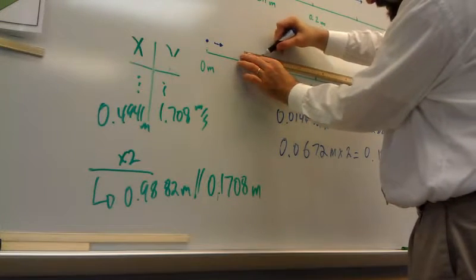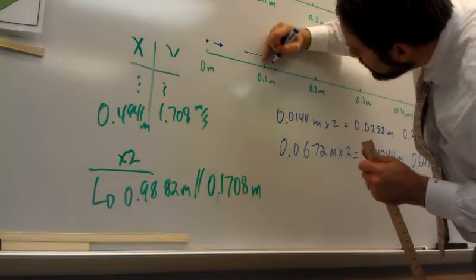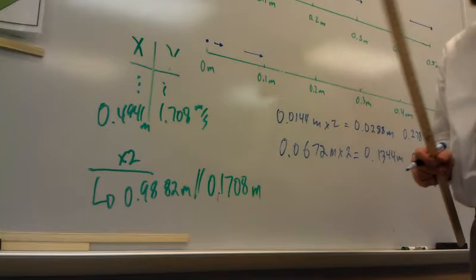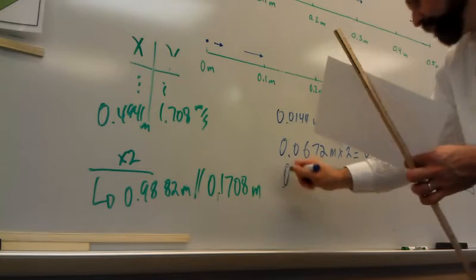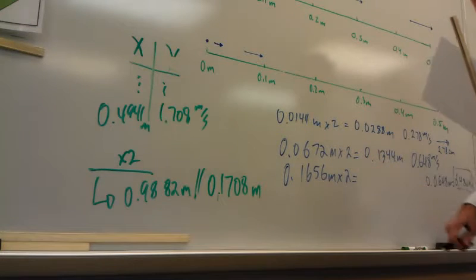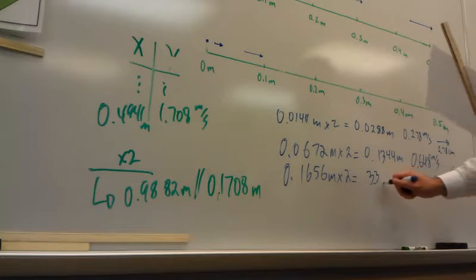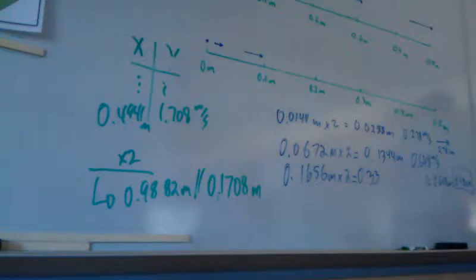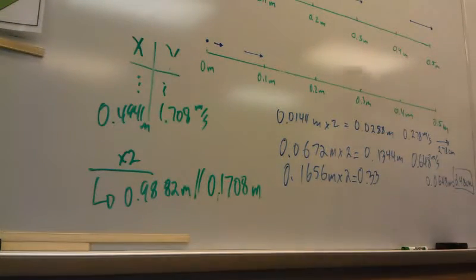Now, we've got 3 more here. We've got 0.165 meters at the next data point, times 2. That means that's 0.33 meters.